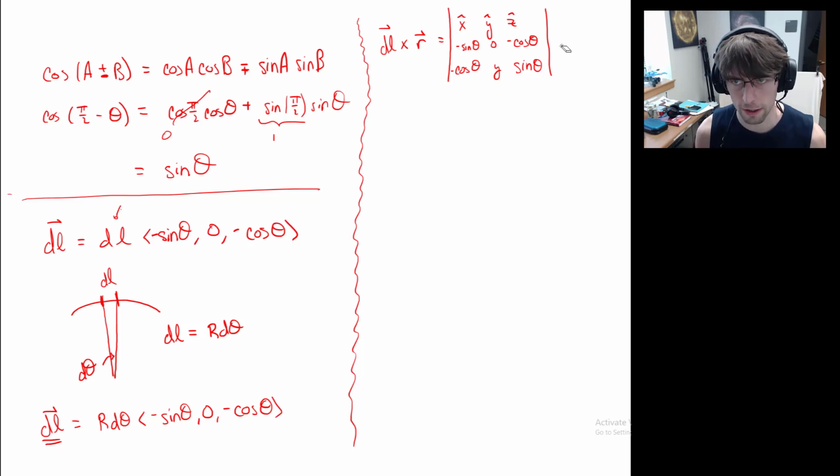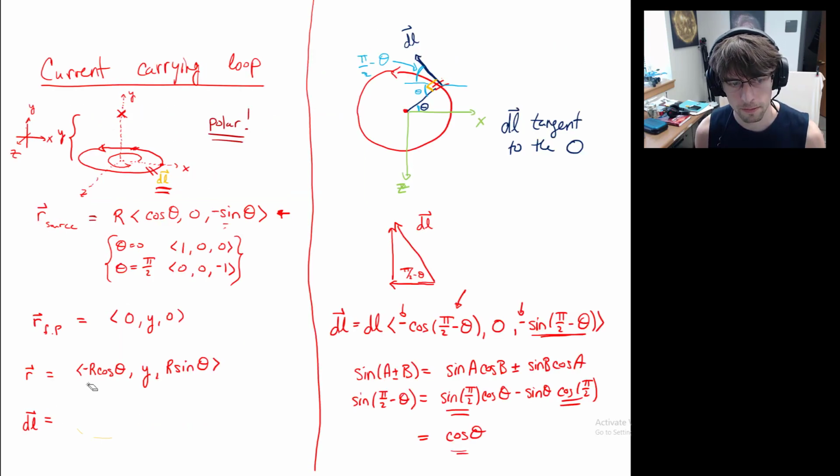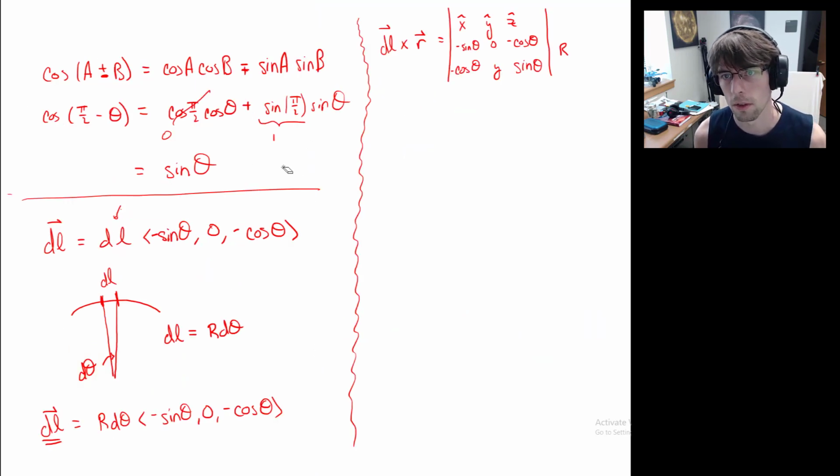We would still have an r that comes from this sucker right there. So call this y over r. And then we have an r d theta from the dl. So I'm going to just write this as r squared d theta for a second. Let's go ahead. We'll do the cross product.